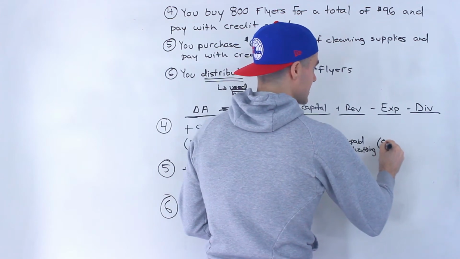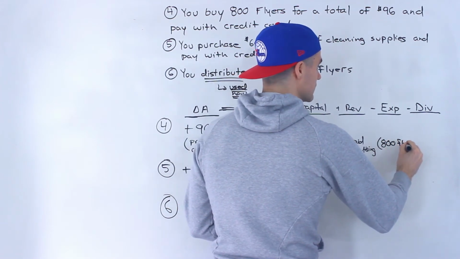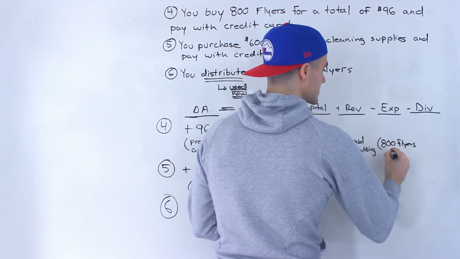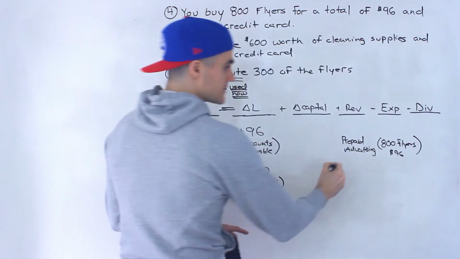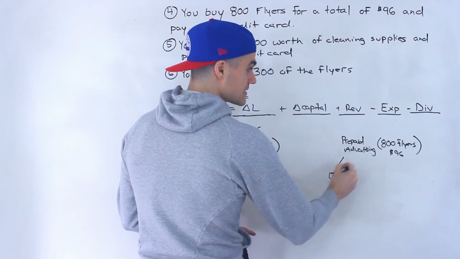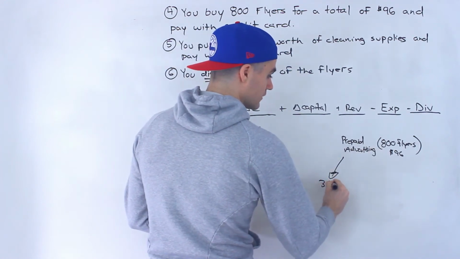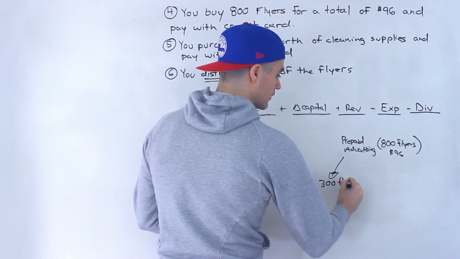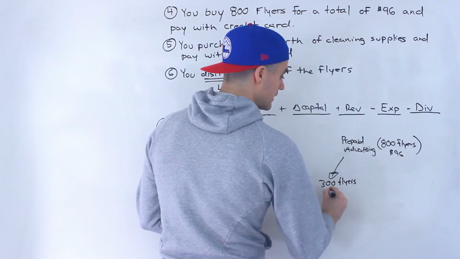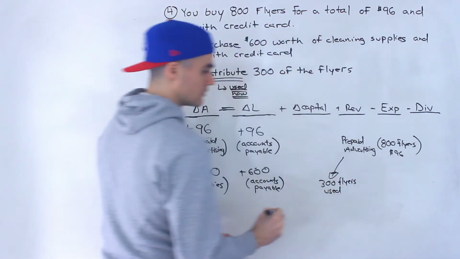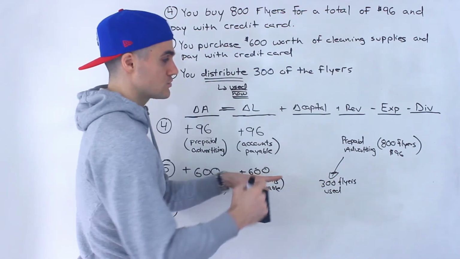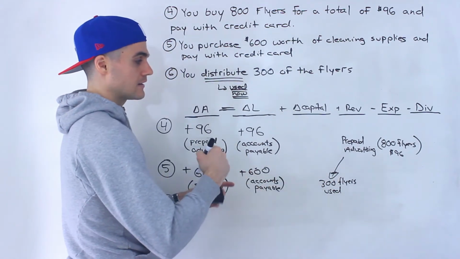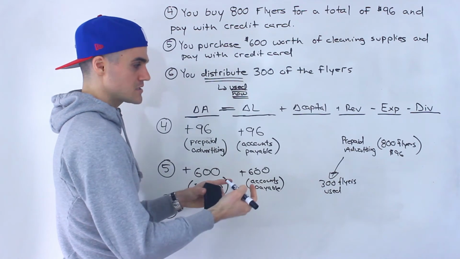And that consists of 800 flyers. And it's worth $96. And so what happens now is 300 flyers get used. And so because 300 of the flyers are being used, that is an expense that's being incurred in this period.